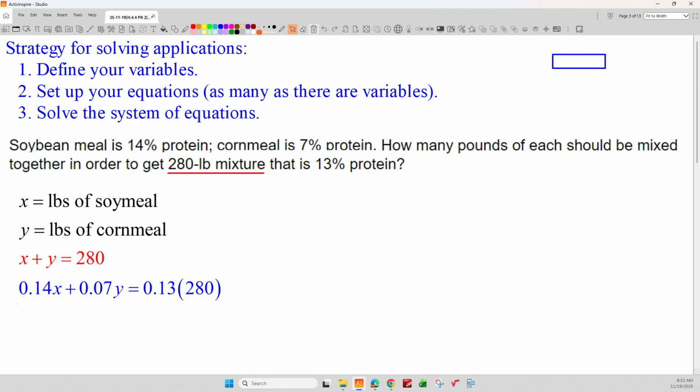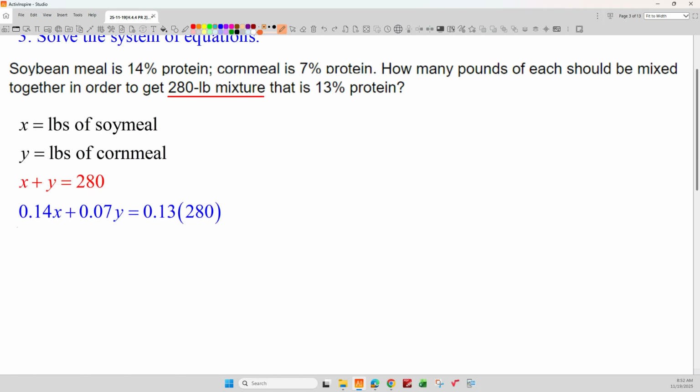So this first term actually represents the amount of protein from the soy meal measured in pounds. 14% of those x pounds is protein.